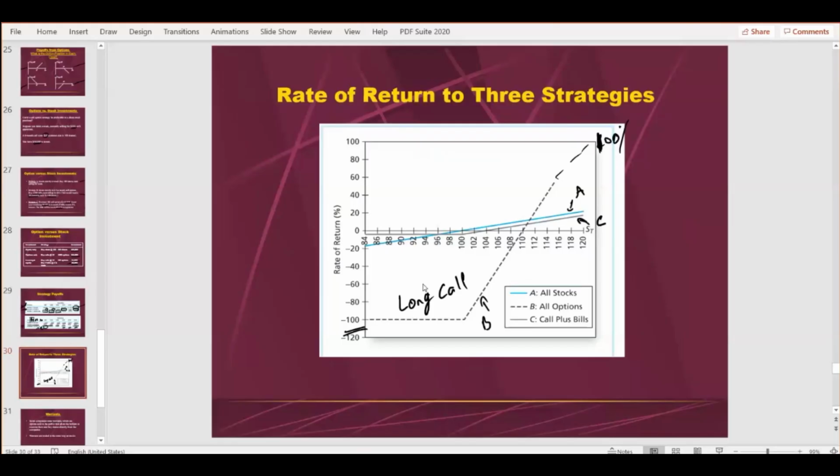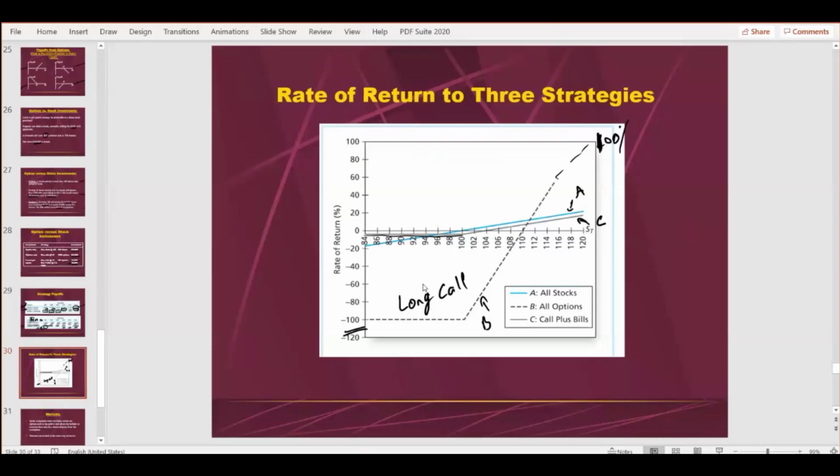And as you can see for C, there's a limited loss. And this is something we will learn later on in an upcoming chapter: how to replicate or how to build a synthetic option, whether a call or a put option.